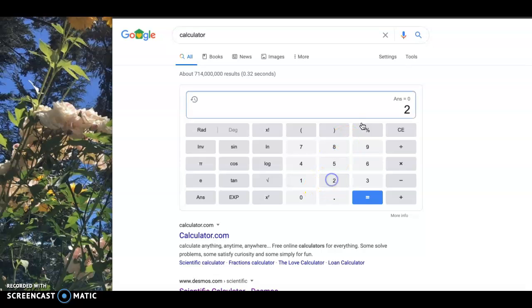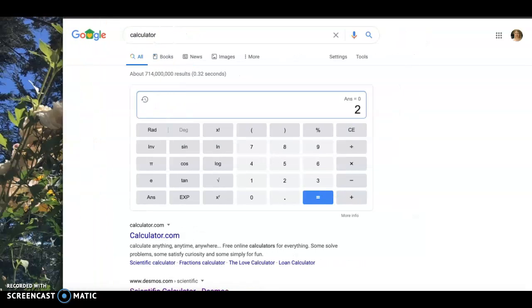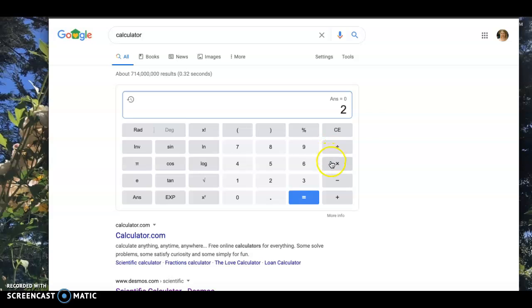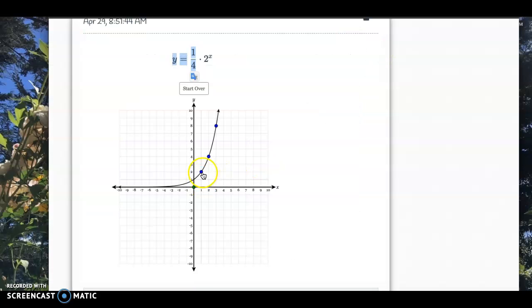I'm going to take my 2, because that's my y-coordinate, and multiply by the fraction, which I'm going to make sure to put in parentheses, 1 divided by 4. And I'm going to get 0.5 or 1/2. So I'm going to change my y-coordinate to 1/2.